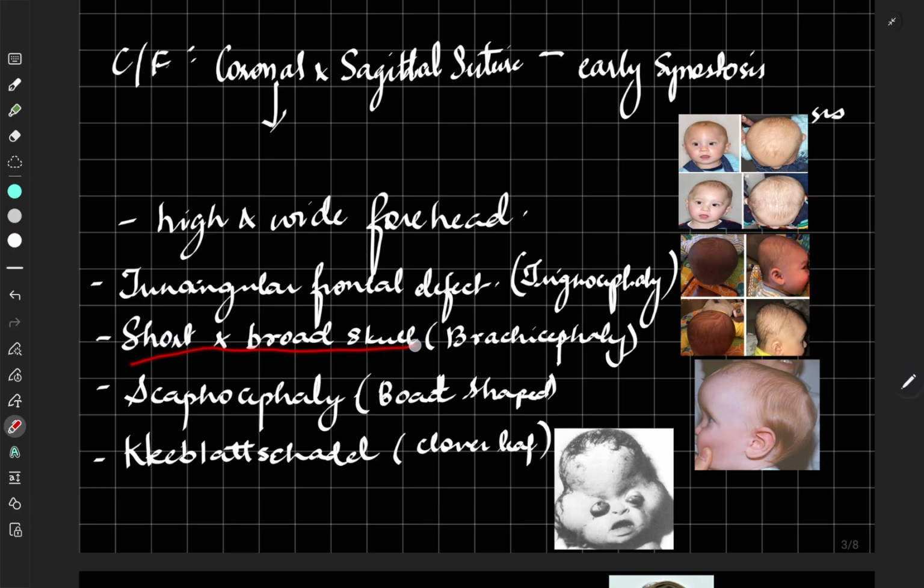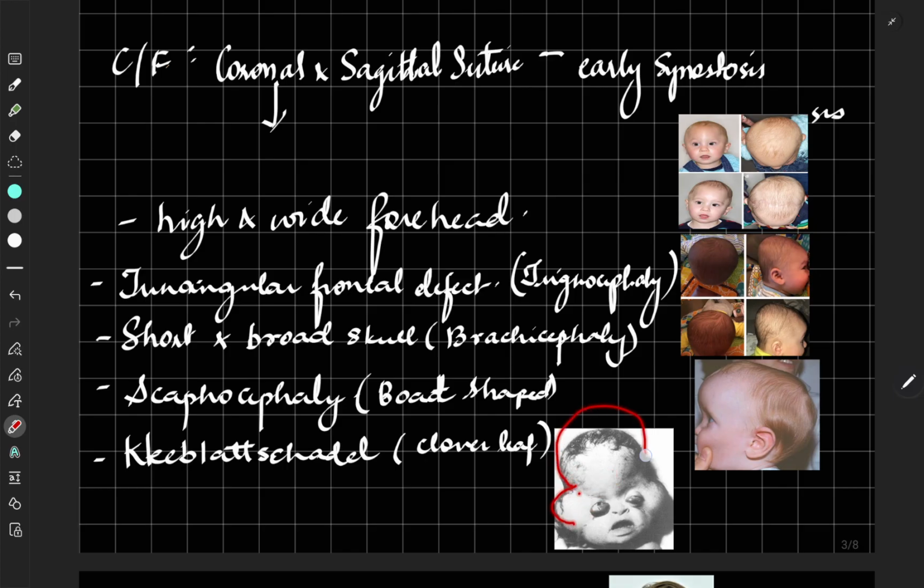There can be a short and broad skull, which is brachycephaly. I had told you about this, remember, in the first video. And then there can also be scaphocephaly, which is boat shaped. You see this boat shaped? This is called scaphocephaly. And then there is clover leaf, which is Kleeblattschädel, or however you want to pronounce it.